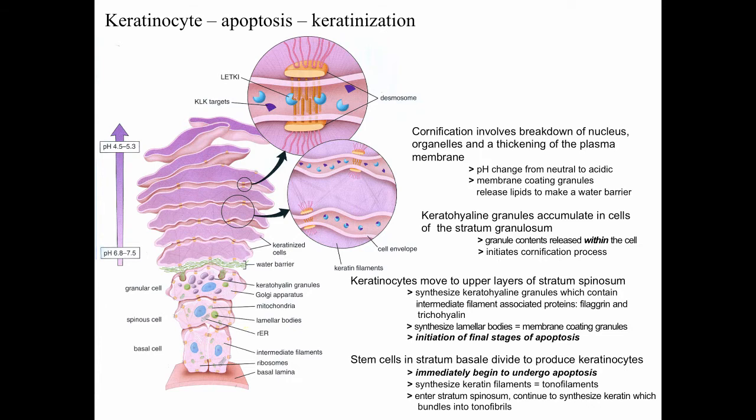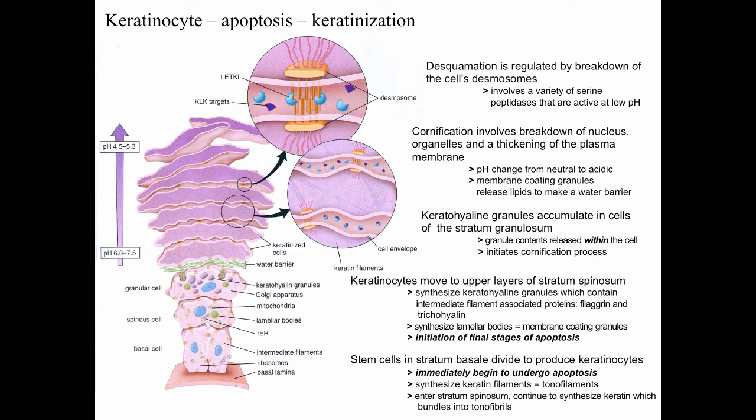And cornification involves breakdown of the nucleus and organelles and a thickening of the plasma membrane. And this is going to relate to a pH change. The pH is going to go from neutral to an acidic pH, and membrane coating granules are going to be released, and that's going to cause a lipid barrier to form that's going to be a water-type barrier.